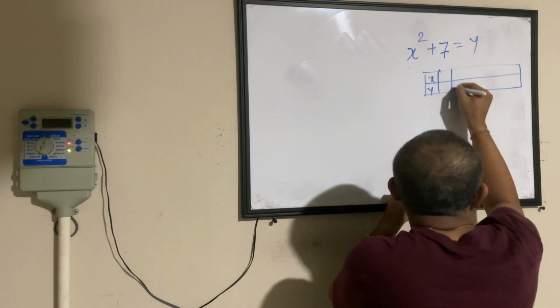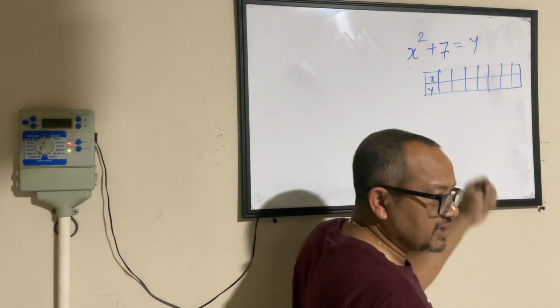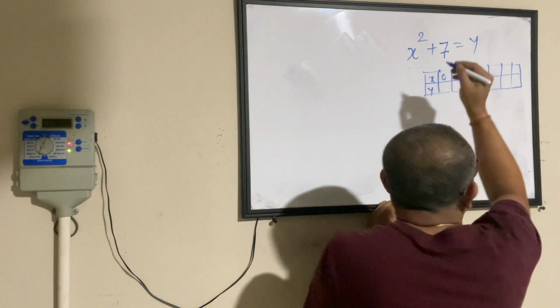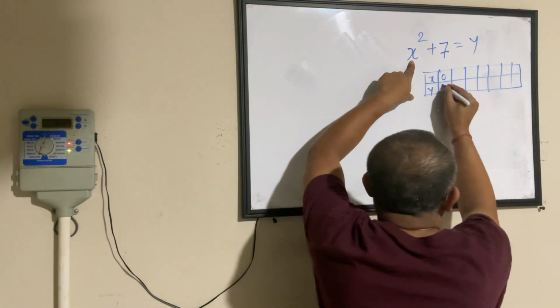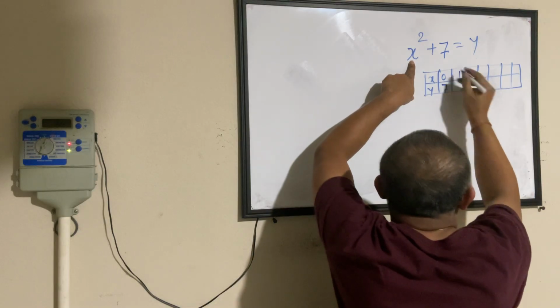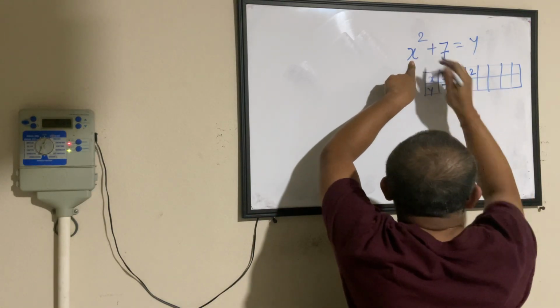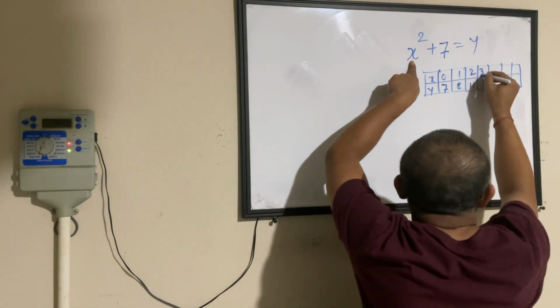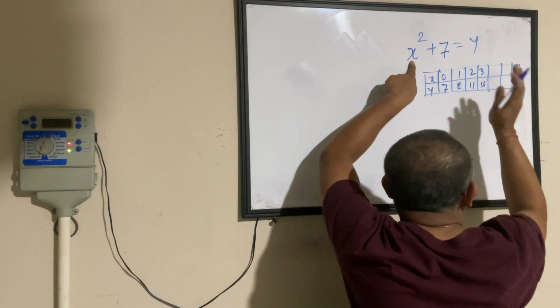X, y. Let's put some more values here this time, okay? Let's say when x equals 0, what happens? When x equals 0, y is 7. When x is 1, y is 8. When x is 2, y is 11. When x is 3, y is 16. Let's give some negative numbers also.